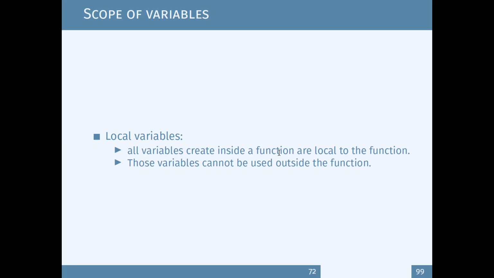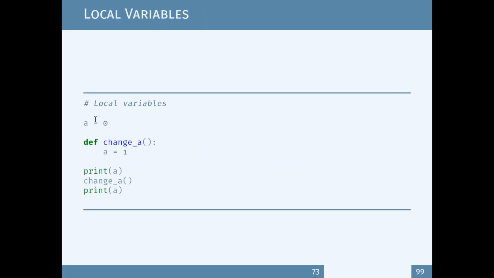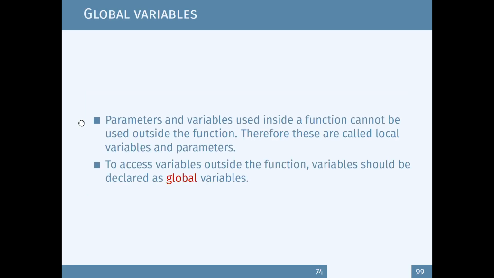It is not actually visible. So in this example, the variable a that you have defined within the function is local to the function. When I say local, it will not be visible to the outside, or it's not available. So that's why you end up getting 0 and 0. Although you call the function, nothing will happen to the variable outside of the function.